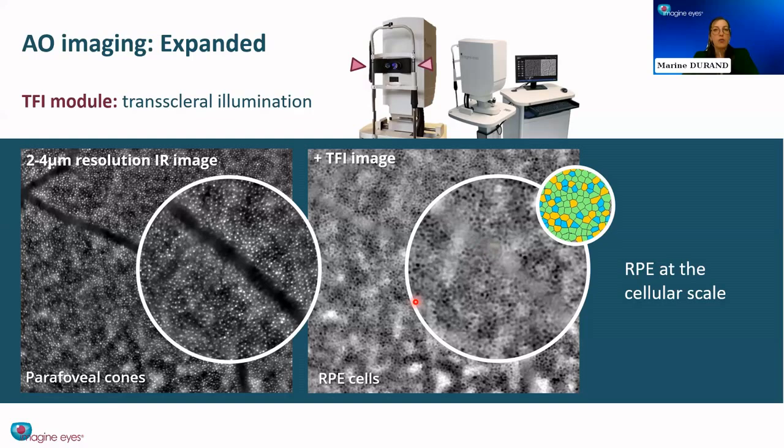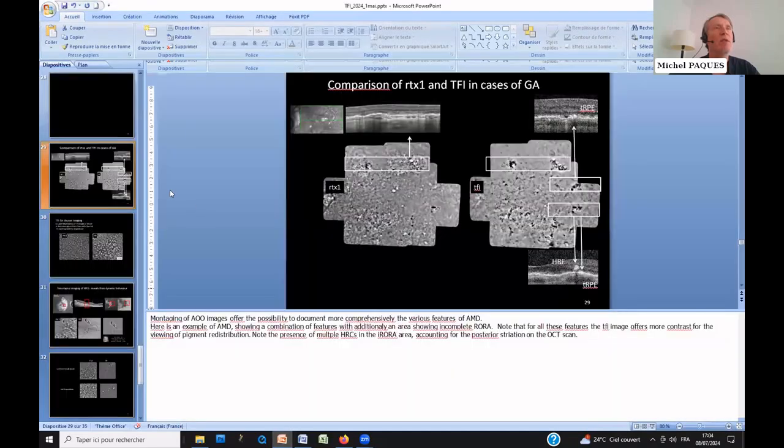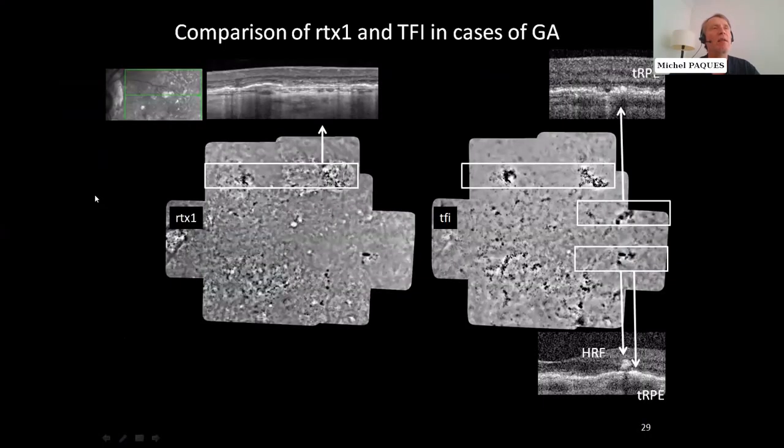So now I want to ask Michel at 15, what is your interest in this type of imaging? Yeah, so as you said, we've been using the TFI system for quite a while now, and it's very interesting to see RPE cells, but maybe even more interesting, at least in my clinical practice, it's a very good way of detecting migration of pigment.